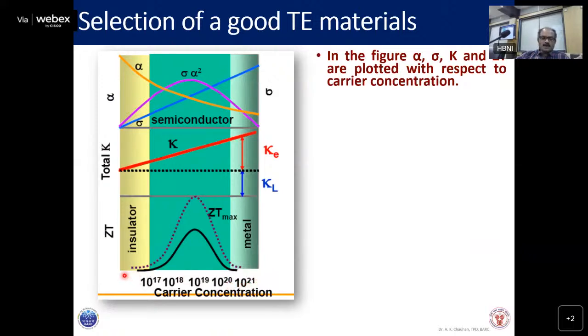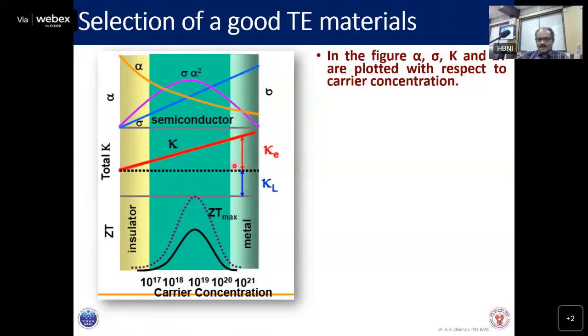When you increase the carrier concentration, what happens? The electrical thermal conductivity increases because carriers are increasing. However, the lattice thermal conductivity remains constant.